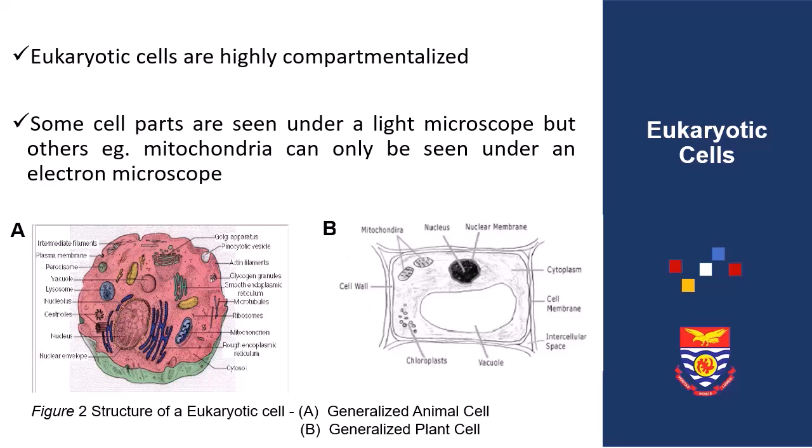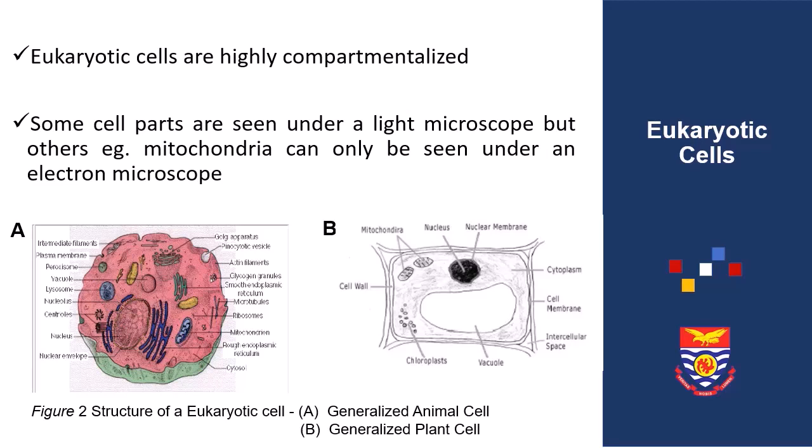So let's look at figure 2, which gives a representative of eukaryotic cells. Figure 2a is a generalized animal cell, and figure 2b is a plant cell. Animal cells have a plasma membrane surrounding the entire cell, and they have the endoplasmic reticulum, the nucleus, the ribosomes, and various organelles required to carry out the various metabolic activities.